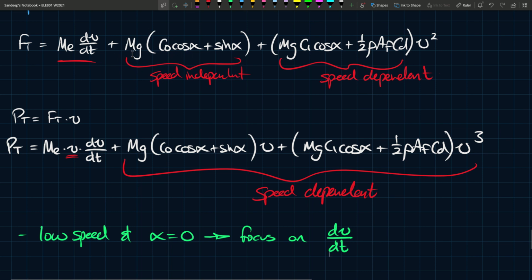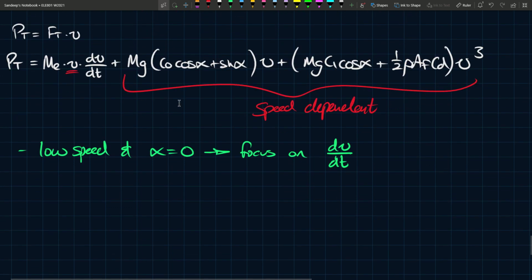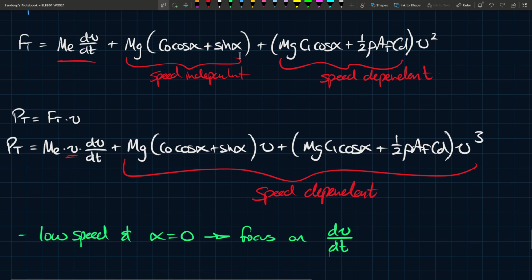But if it's not, then you'll actually have to account for this component. But let's consider the case for level for now. But you should be mindful of that, so that if there's uphill motion, part of the available force should be used to counteract the speed-independent term. Since this term, sine alpha, is going to be larger than the C0 cos alpha term.